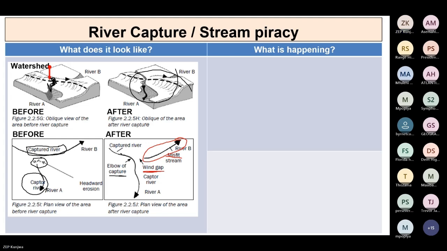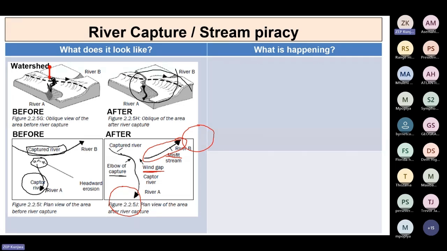So the thing that is left now is to know what is going to happen after the capture on the area where River A is flowing, on the area where River B is flowing. You must remember, people use water, industries use water, farms use water.